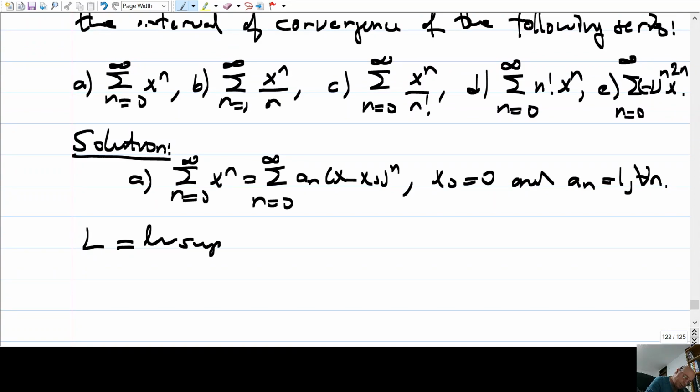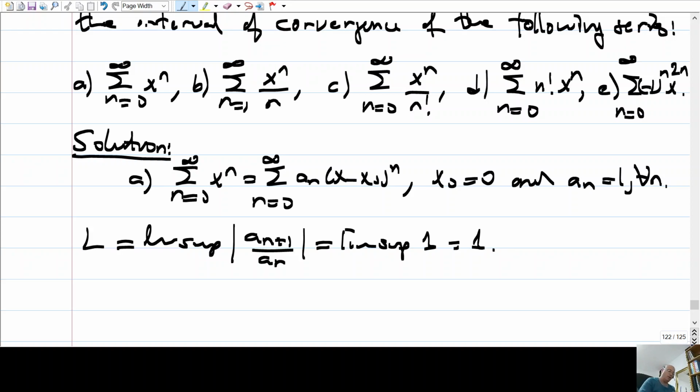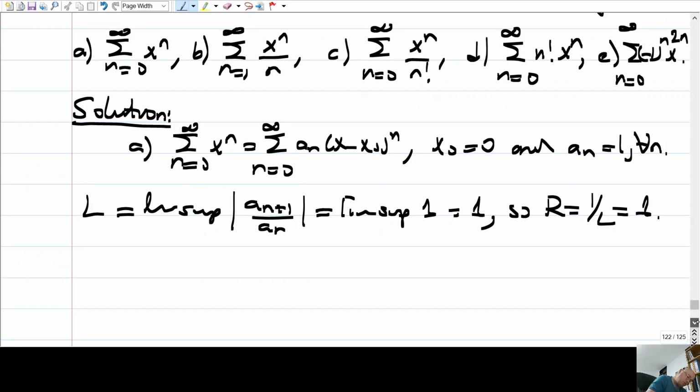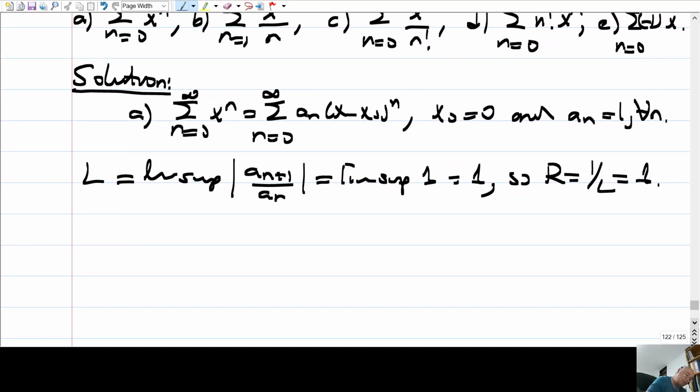Well, L is just lim sup of a_(n+1) over a_n. Well, in this case, they're all 1, so this is just lim sup of 1. Well, of course, this is 1. So R is just 1 over L, which is 1. So the radius of convergence is 1. And this means what?